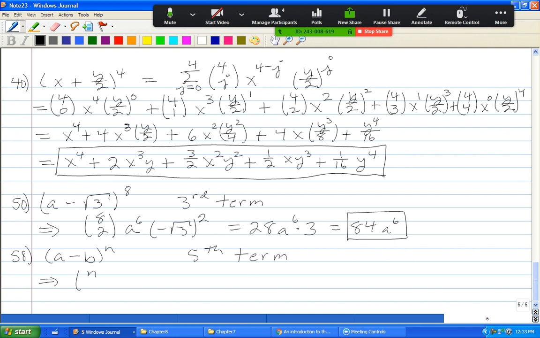So 0, 1, 2, 3, 4. That's the fifth term, 4. And so a to the power n minus 4. Minus b, because there's a minus in front of that b, minus b to the power 4. Maybe I'll get rid of the minus here. So this is n c4, a to the n minus 4, b to the 4. That is the fifth term in the binomial expansion.